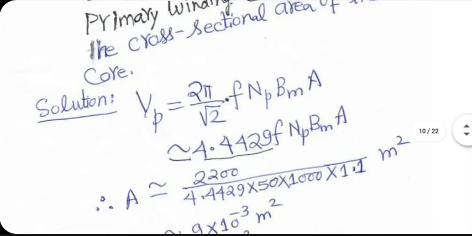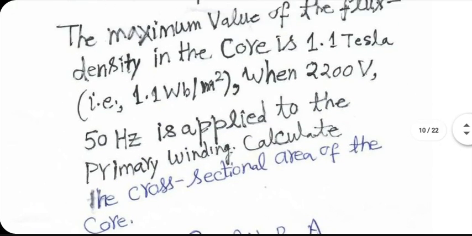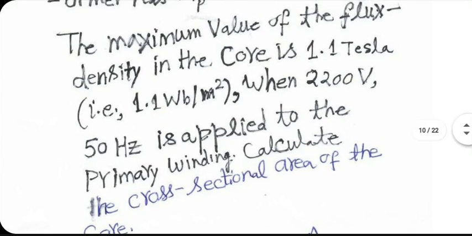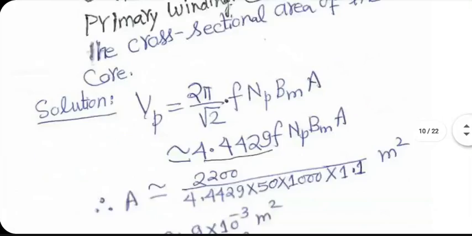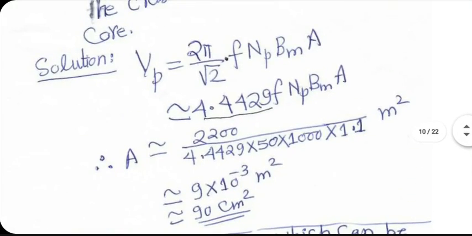Good. And the flux density peak value is also given as 1.1 Weber per meter square. BM is given. So everything is given except A.